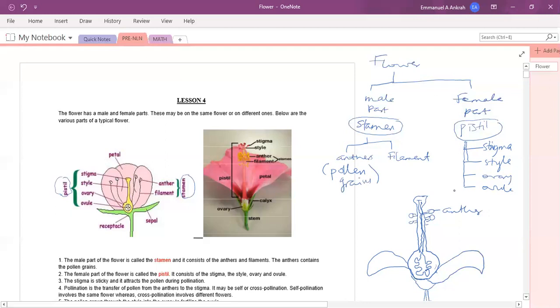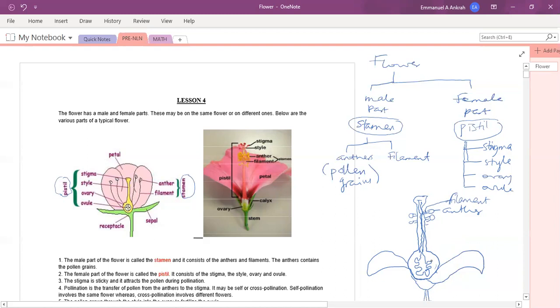And the filament is just this. That is like the stalk holding on to the anthers. This is the filament here.